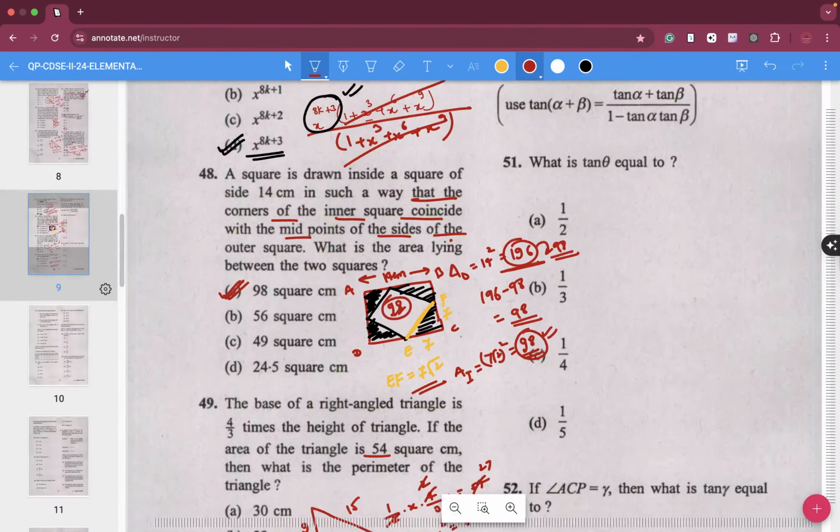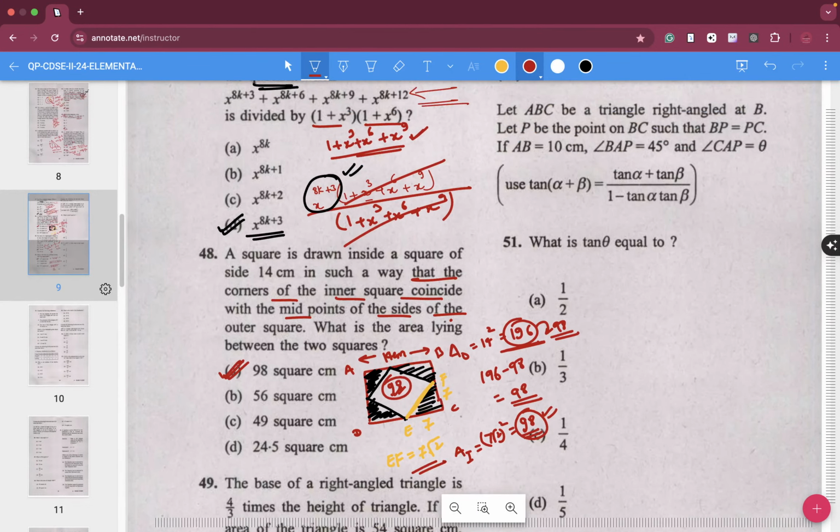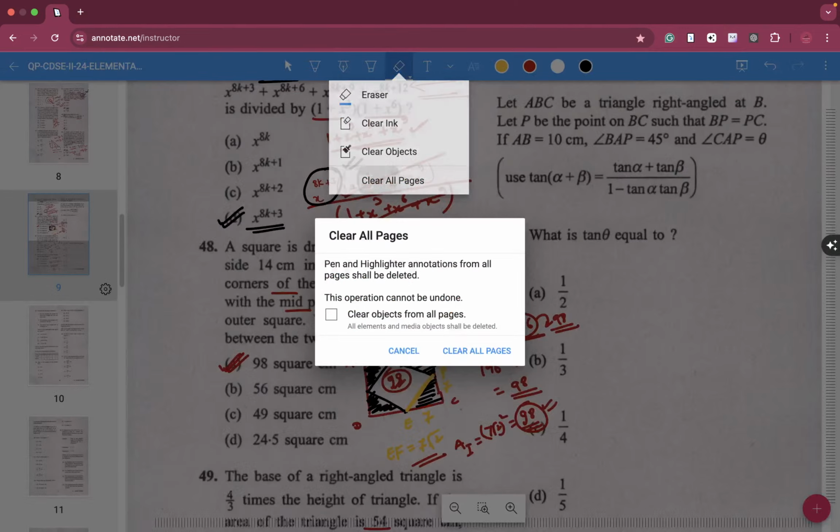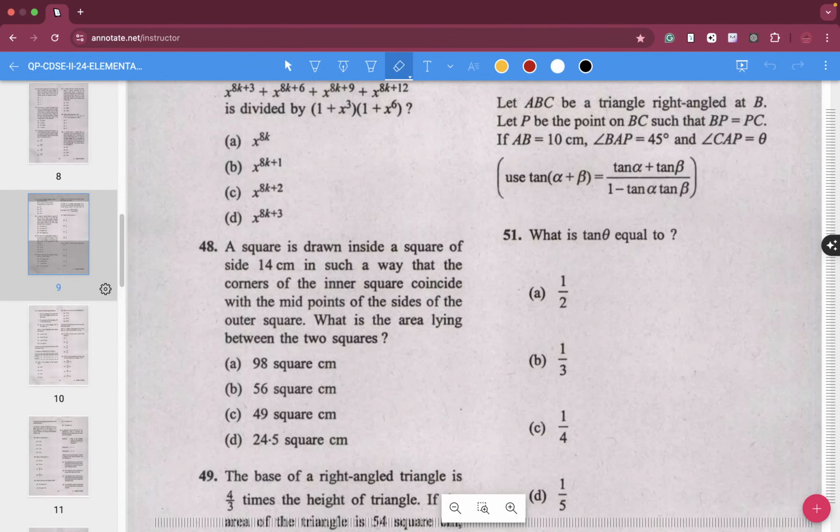Let's just read that. I'm solving question number 51 now. So this is your triangle.